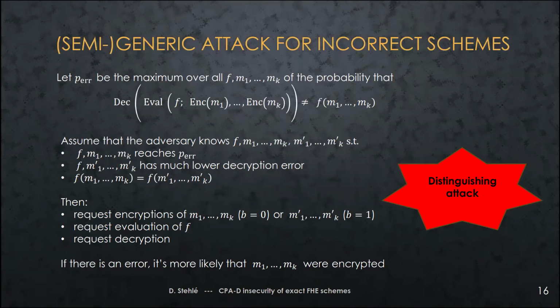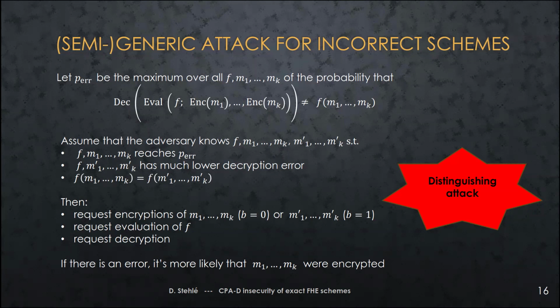Okay, so if we don't have a very strong notion of correctness, then there is a semi-generic attack. It's not an attack that always works, but it's an angle of attack that would work for all existing schemes. So let's assume we have this failure probability, and it's not that small.